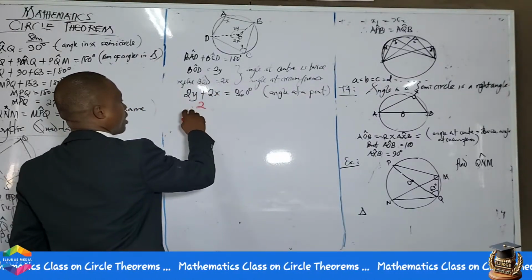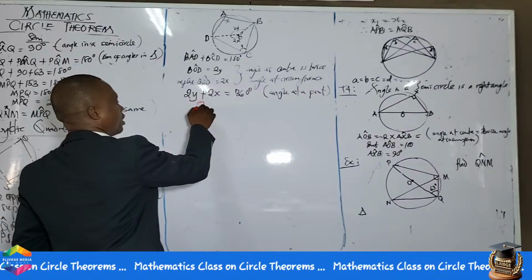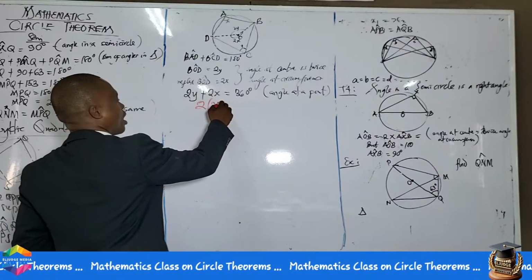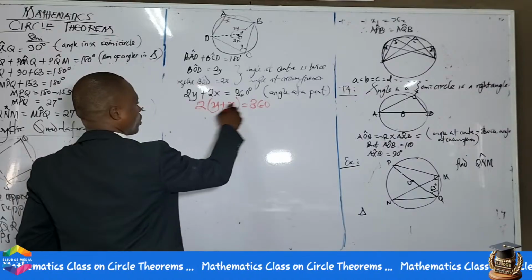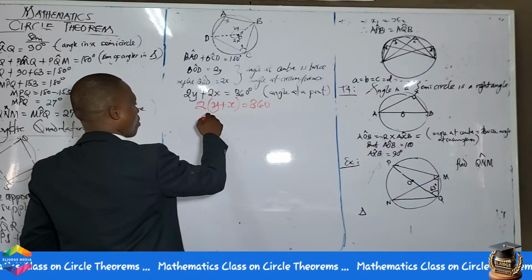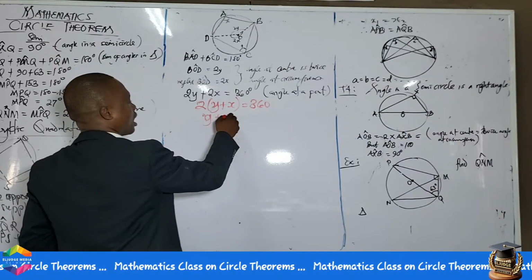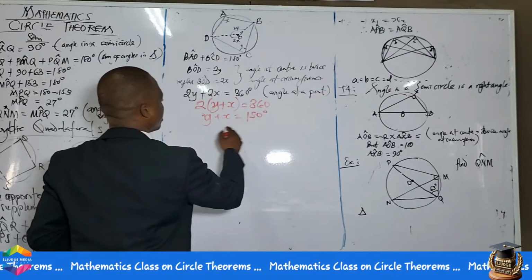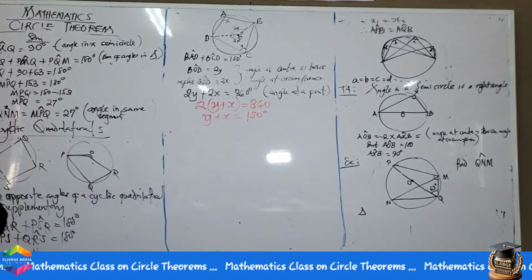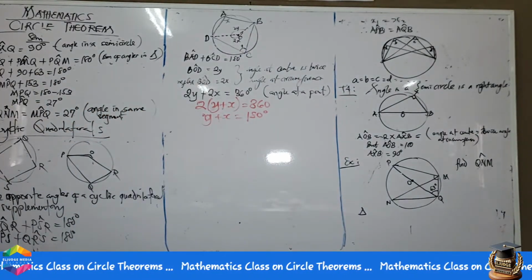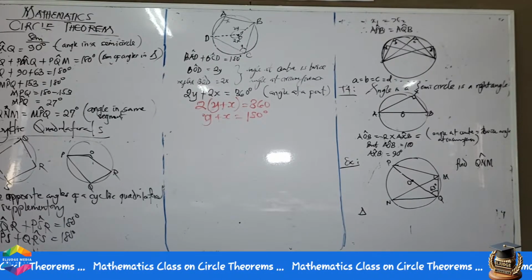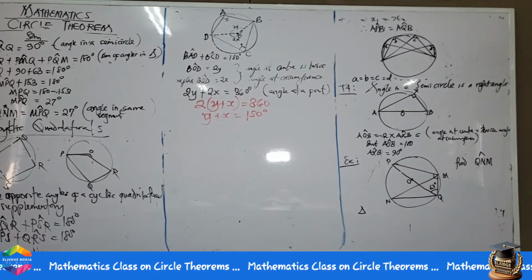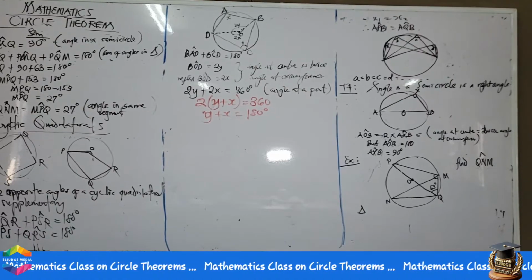So if 2y plus 2x equals 360, we can bring this together. Therefore we cancel the 2, and we have y plus x equals 180.